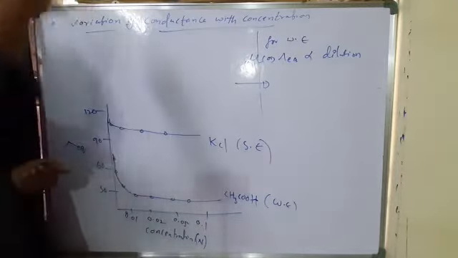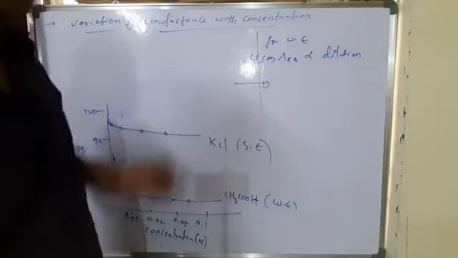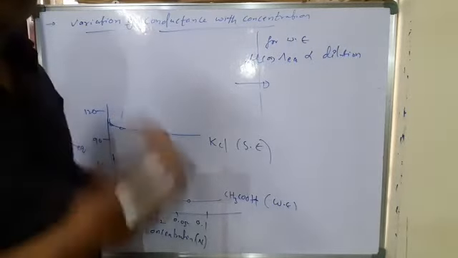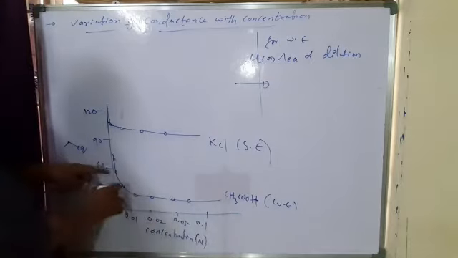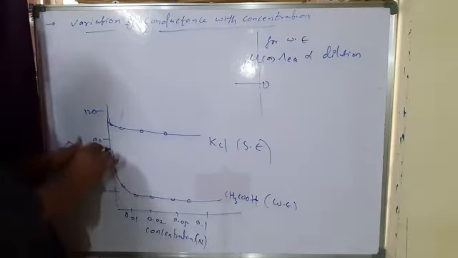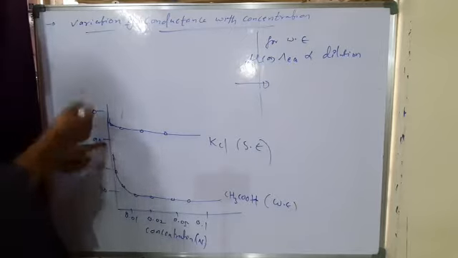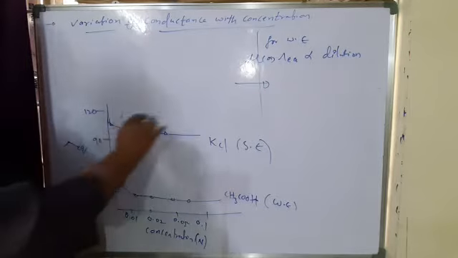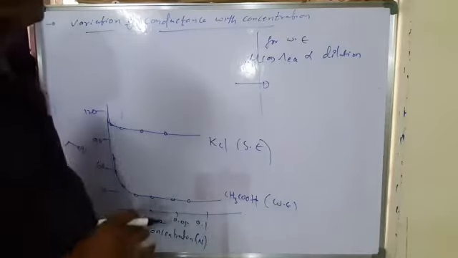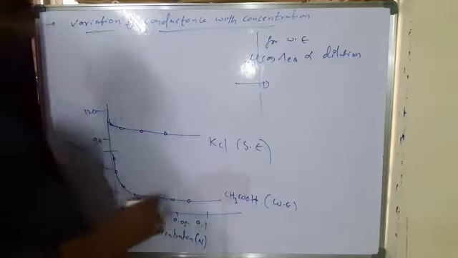At nearly zero concentration, meaning a very large excess of water, it increases and reaches a maximum value at zero concentration. That is called the limiting molar conductance.